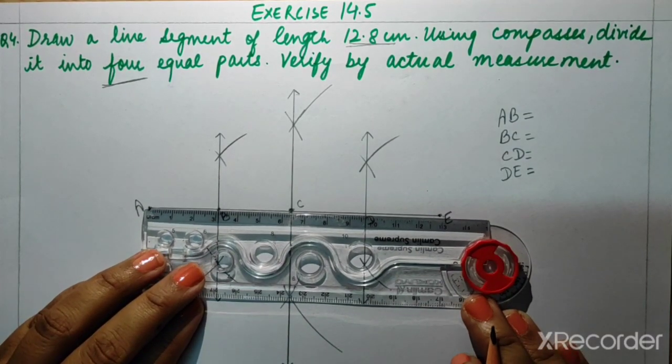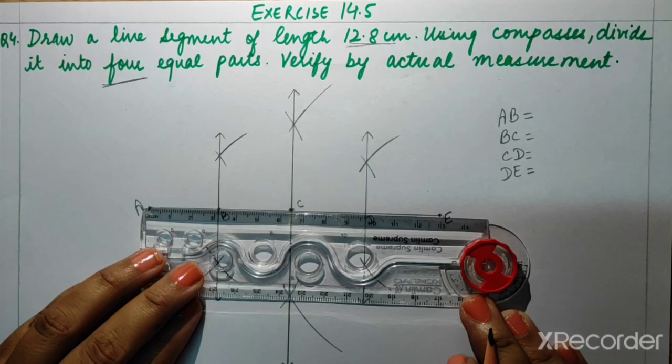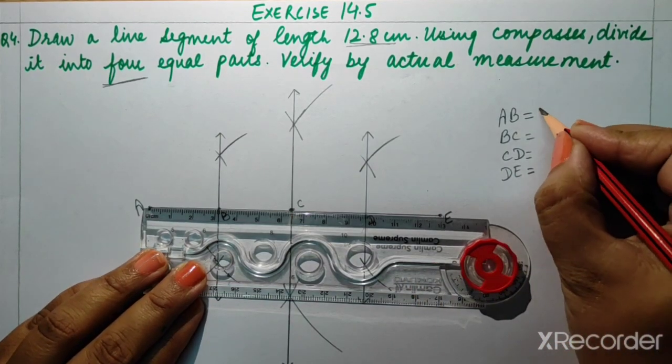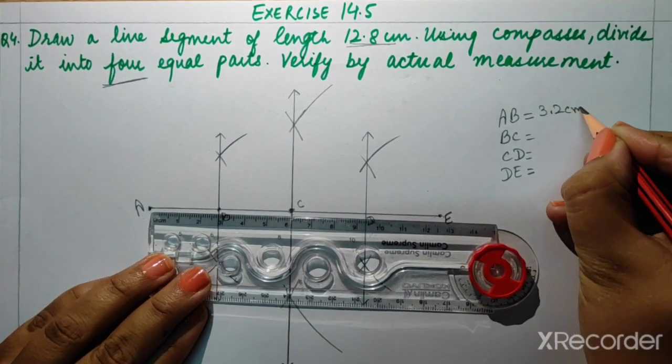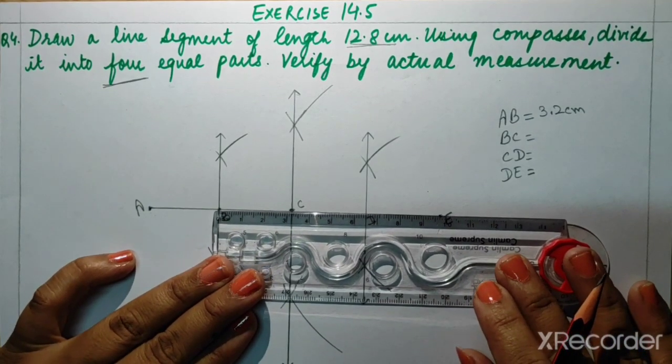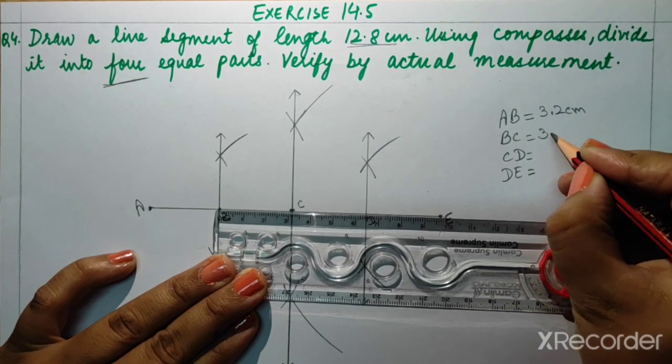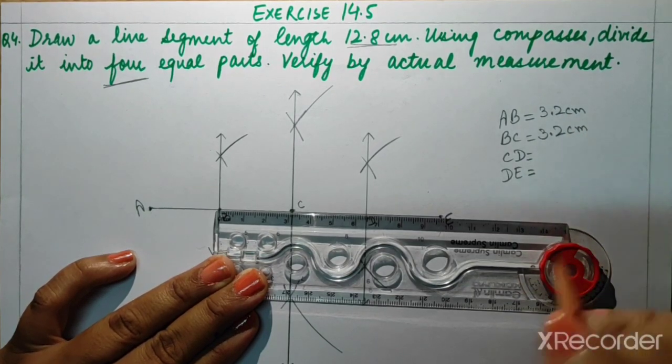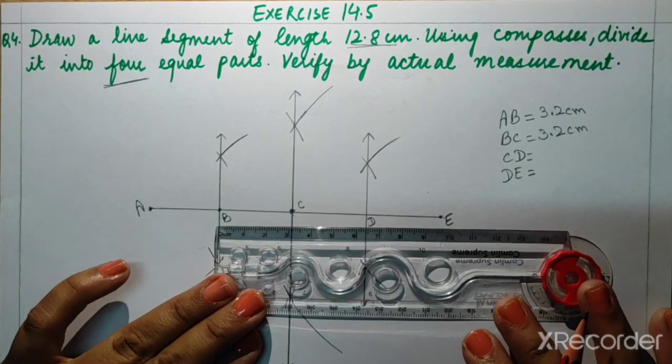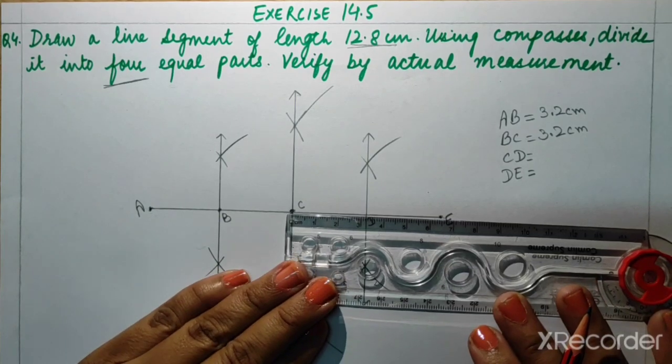You can see AB is 3.2 centimeter. Now check, BC is again 3.2 centimeters. All of you will get 3.2 centimeters only. You know why?